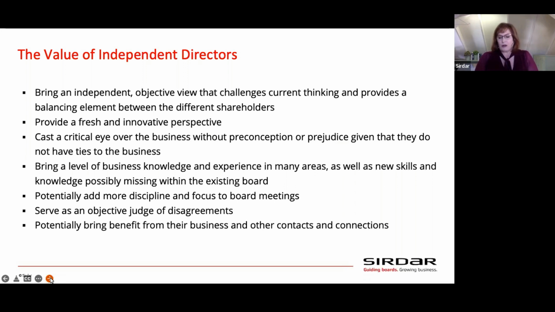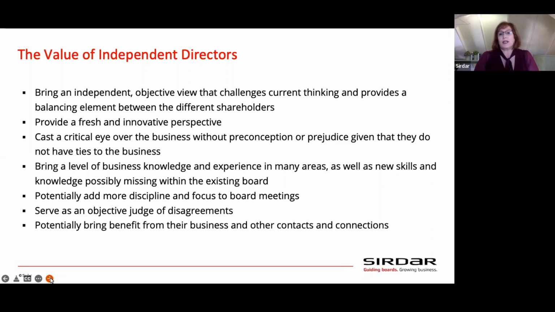It's adding additional independent perspectives. Your independent directors bring an independent objective view that challenges current thinking, provides a balancing element between the different shareholders, a fresh and innovative perspective, and can cast a critical eye over the business without preconception or prejudice, given that they do not have ties to the business, something we spoke of earlier.